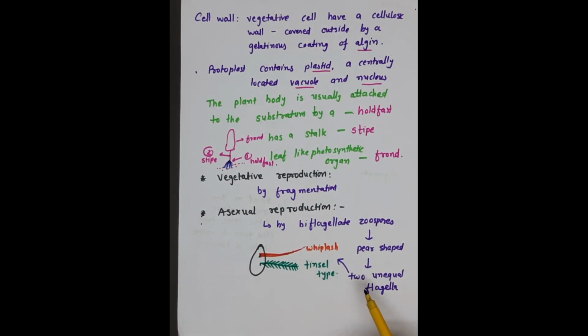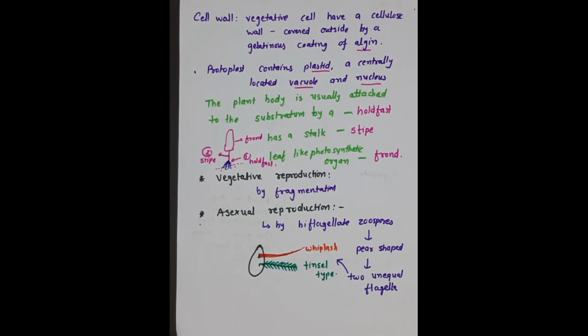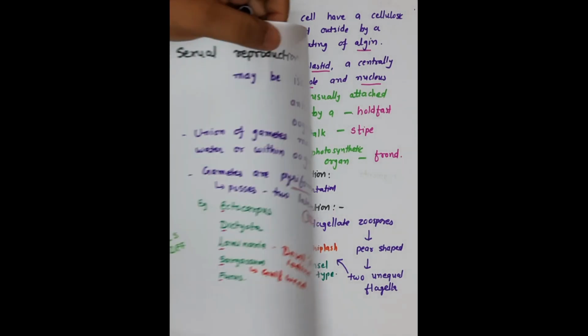Most important to remember, they possess two unequal flagella. You can see here two flagella which are laterally arranged. As we have seen in Chlamydomonas, the flagella are apically arranged, but here they are laterally arranged. Both are unequal. The first looks like whiplash, and the second is tinsel type, which has blisters. So asexual reproduction is by biflagellated zoospores with laterally arranged flagella.